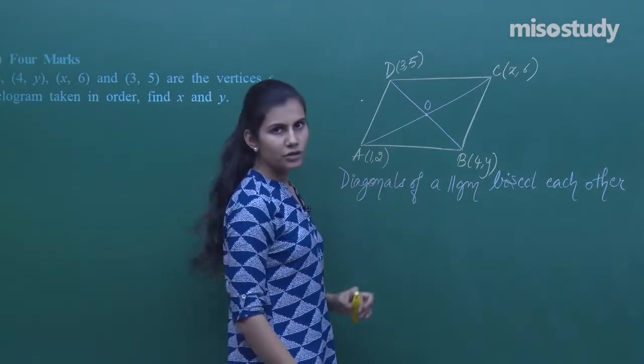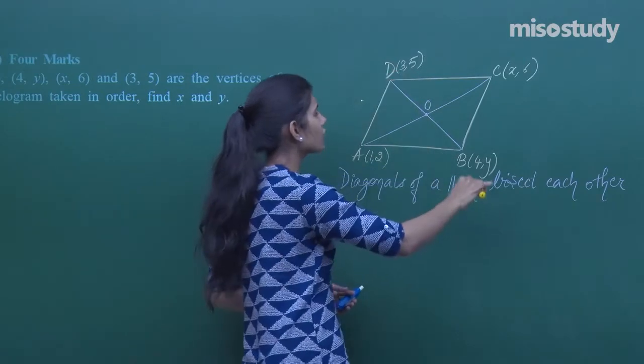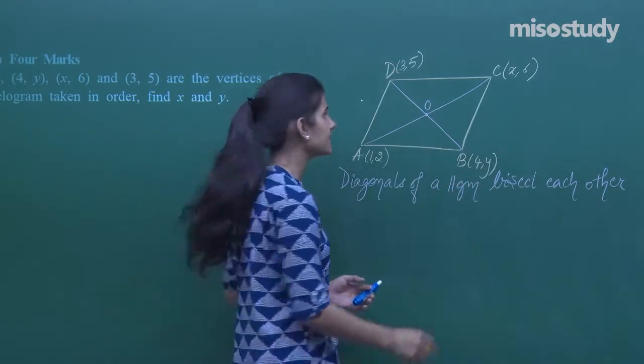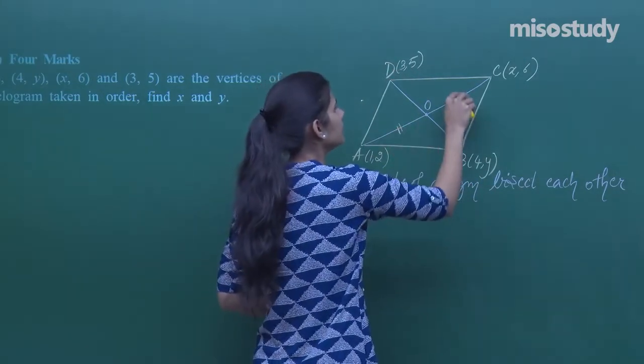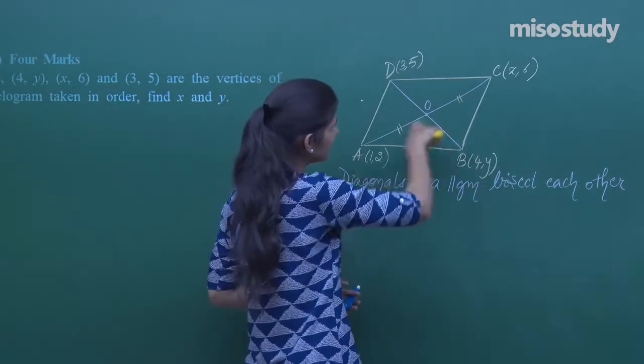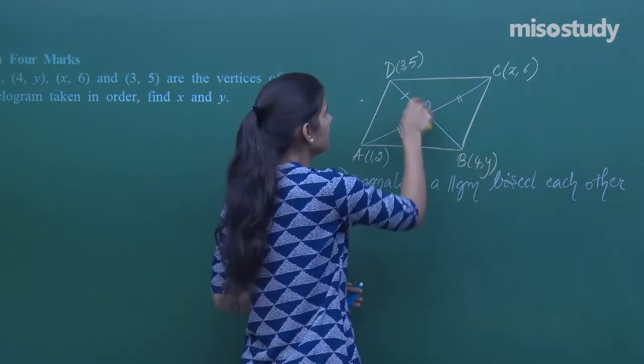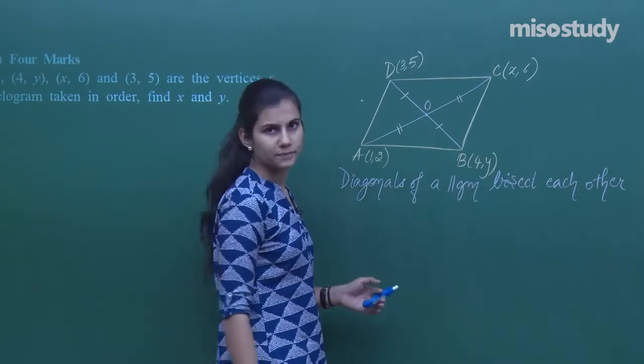So diagonals of a parallelogram bisect each other means what? When the BD diagonal passes across the AC diagonal, it bisects it. That means AO is the same as CO. And when the AC diagonal cuts through the BD diagonal, it bisects it into 2 halves. That means OD is the same as OB.